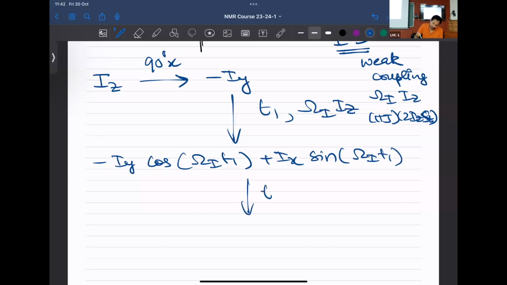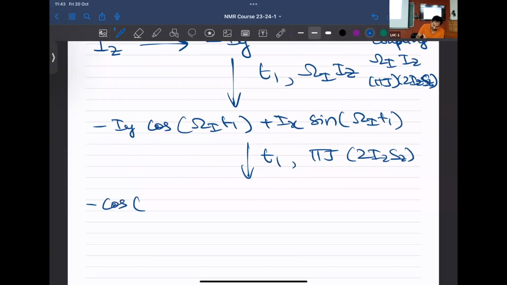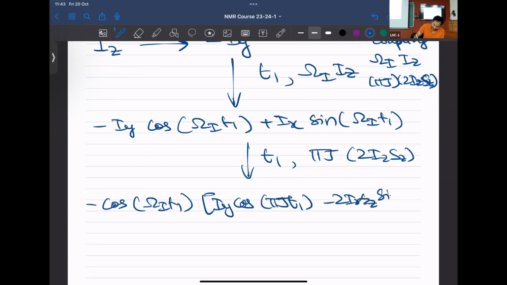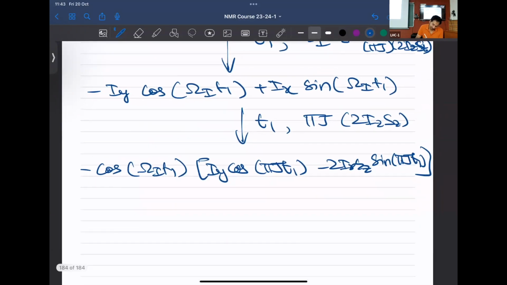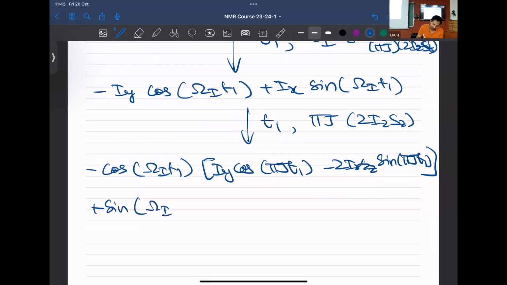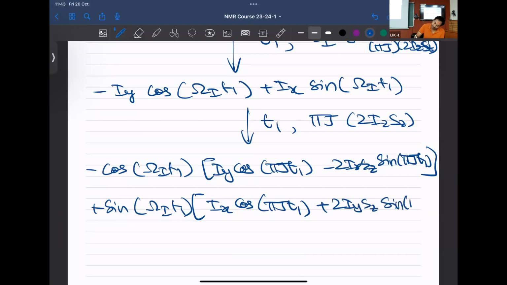And then as you continue T1 with pi J 2 Iz Sz, you will have something like minus cos omega I T1 Iy cos pi J T1 minus 2 Ix Sz sin pi J T1, plus sin omega I T1 Ix cos pi J T1 plus 2 Iy Sz sin pi J T1.